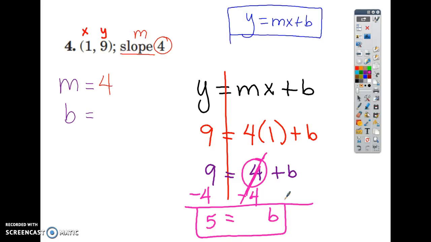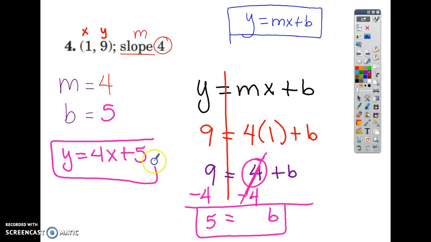Okay, so we have m equals 4, b equals 5. And I can write down the equation, which ends up being what? Four x plus 5. My slope is 4, my y-intercept is 5, and that is your answer. So that's how you're going to do problems 4, 5, and 6.